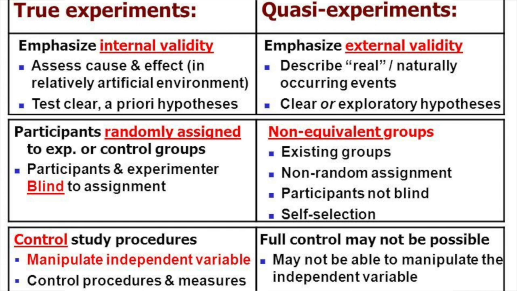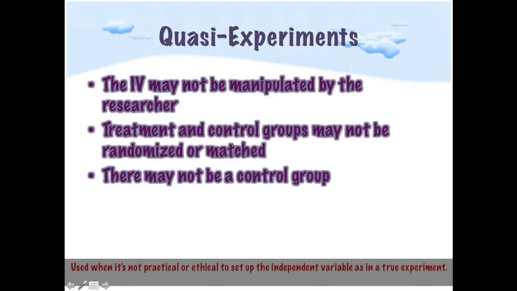And so, certain types of hypotheses, certain groups that you might want to compare, are going to create certain limitations for you as a researcher. And because of those limitations, you might have to then do a quasi-experiment. So, what are these limitations that would prevent you from doing a true experiment and make it so that you have to do a quasi-experiment?